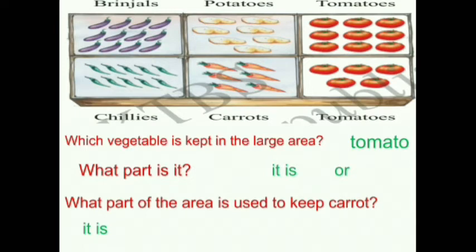What part is it? It is 2 by 6 or 1 by 3. What part of the area is used to keep carrot? It is 1 by 6. From the above examples, we can conclude that fraction is a part of a collection in a group.